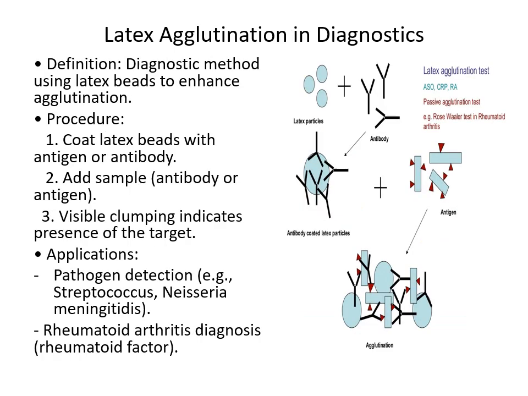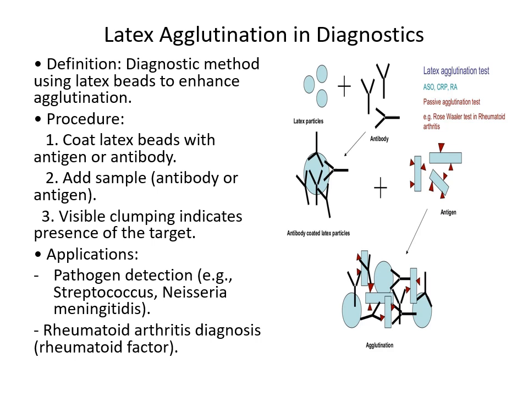The second question talks about how latex agglutination works in diagnostics. As we know, latex agglutination is a diagnostic test where antigens or antibodies are attached to latex beads to enhance visibility. So we have the procedures.